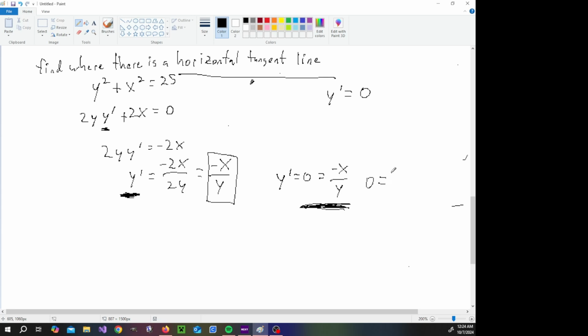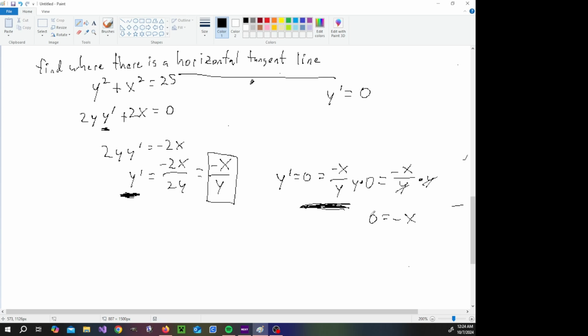So if you have this expression, 0 is equal to negative x over y, you have a couple of options. So first of all, if you're just trying to solve this bluntly, like for x, for instance, you can just multiply both sides by y, since you're trying to get rid of the fraction. This cancels with the y on the bottom, so this turns into just negative x, and then y times 0 is still just 0, right?